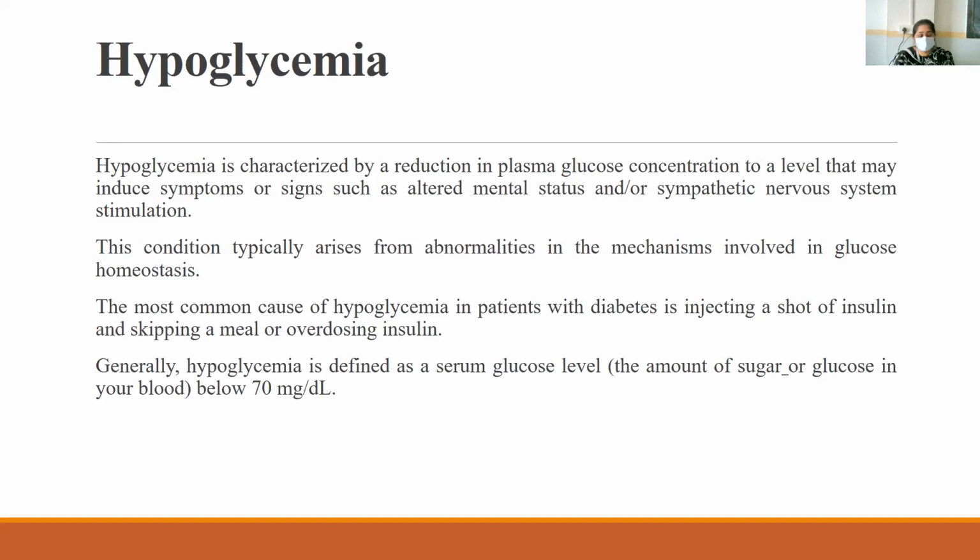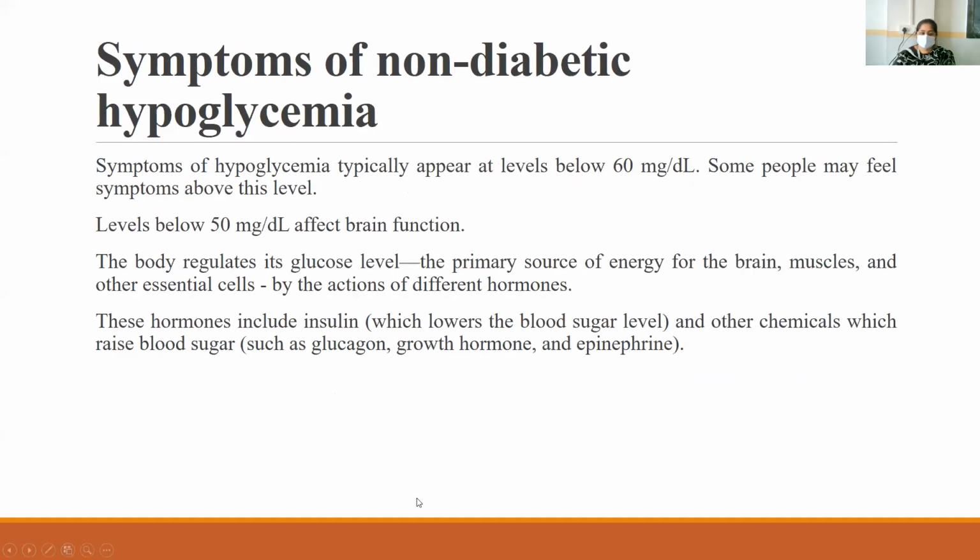Last class we were discussing what a normal sugar level is. We discussed that it is between 90 to 110. If it is falling below 70 milligram per deciliter, whether fasting or after food, you say that you are hypoglycemic.